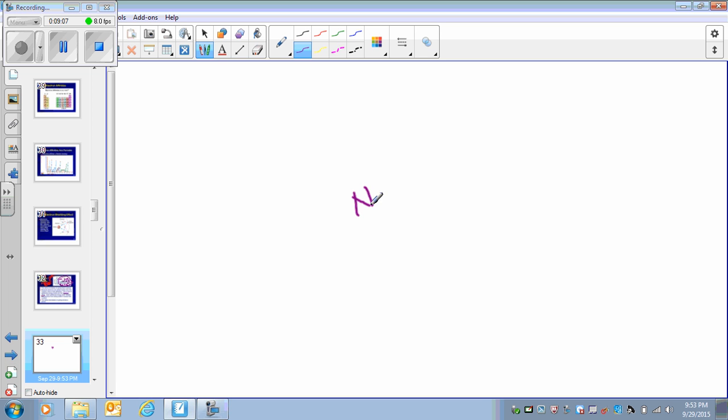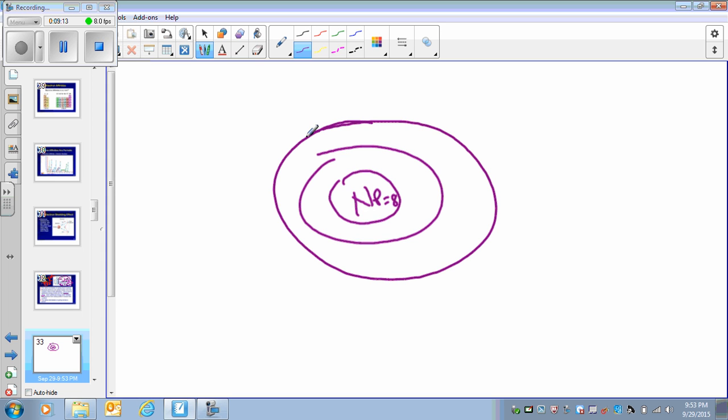If you have a nucleus and let's say you have 8 protons in it, and then you have electrons here, so you have 2. The number of electrons that are between the nucleus and the outermost electrons are called shielding electrons. The nucleus is positively charged, and this positively charged nucleus is pulling the negatively charged electrons towards itself.